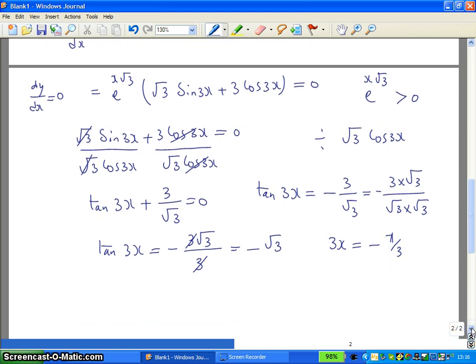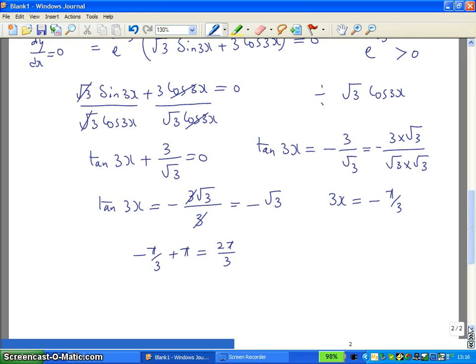But remember, it's a negative value of x. We don't want that, so we want the next value, since tan is periodic by pi. So the next solution should be minus pi divided by 3 plus pi, and from that we're going to get 2 pi divided by 3.